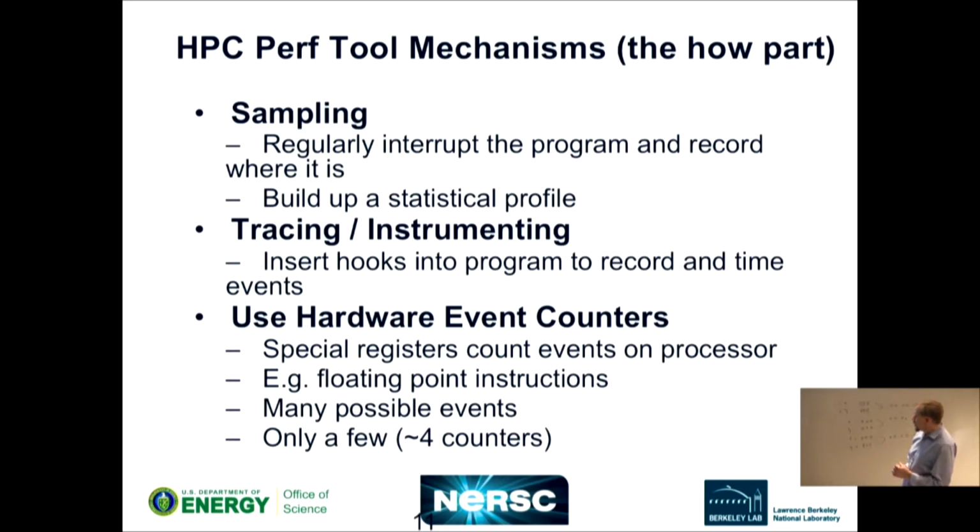Tracing and instrumentation are a little bit more invasive. These are things that either through library tricks or through recompilation put new code into your code to trace individual calls. And a lot of these use hardware event counters. These are pieces of hardware that are built into chips that allow introspection about resource utilization and performance.